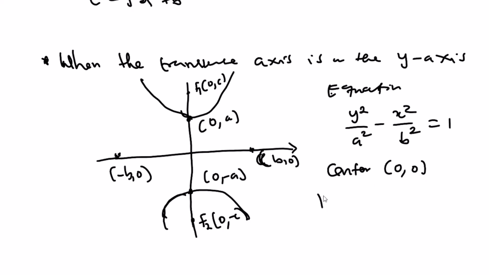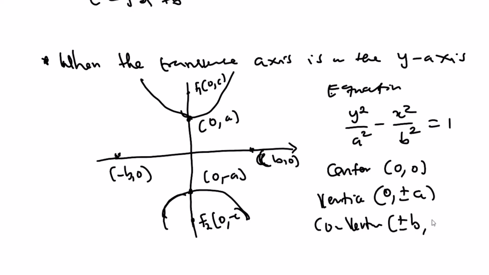Now the vertex lies on the y-axis, so it's going to be 0, plus or minus A, and the co-vertex will be plus or minus B,0. So the co-vertex in this case is on the x-axis. And what will be our foci?